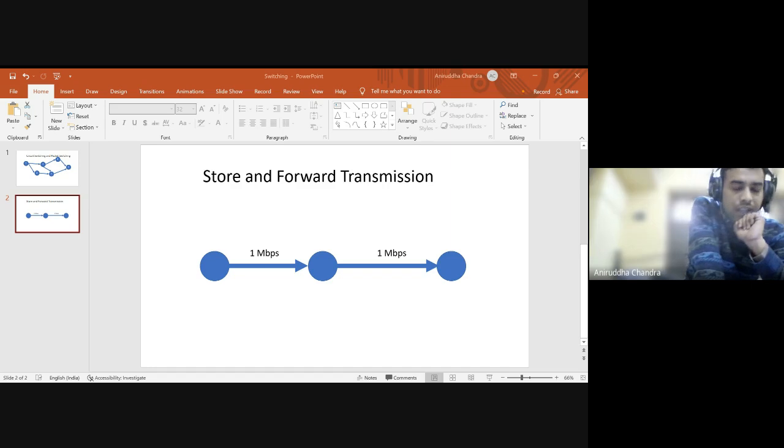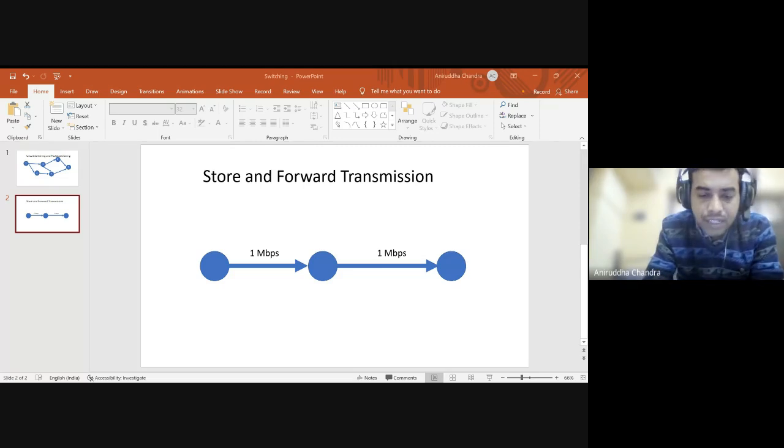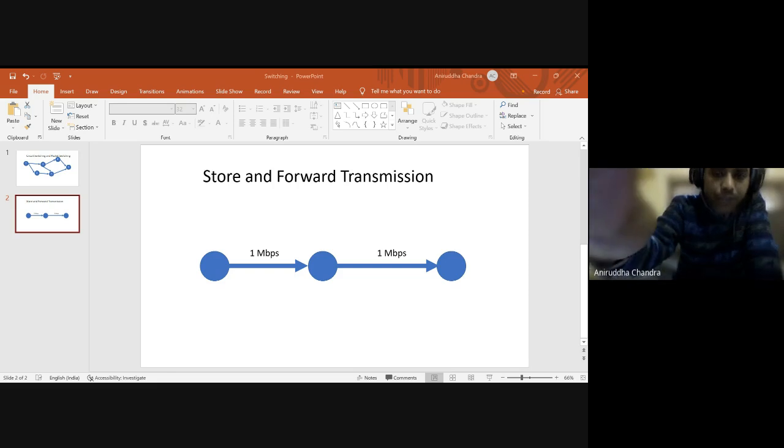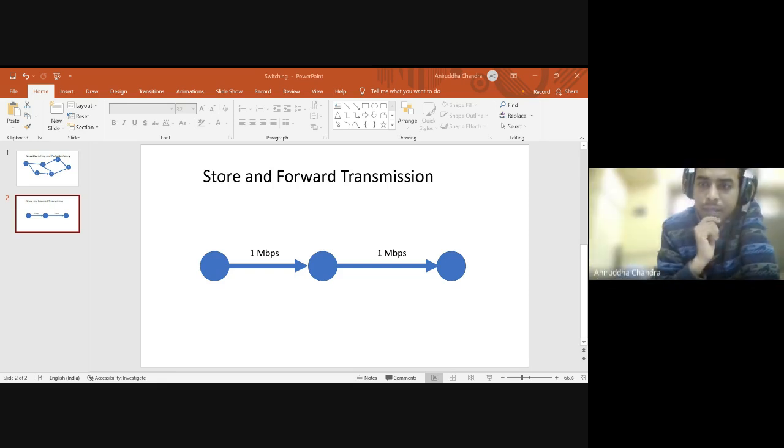Fine. Now let us propose a second technique. I am writing in the chat box: divide the 60 MB packet into 60 packets of 1 MB each. This is my new scheme. My new scheme is to divide the 60 MB packet into 60 packets of 1 MB each.